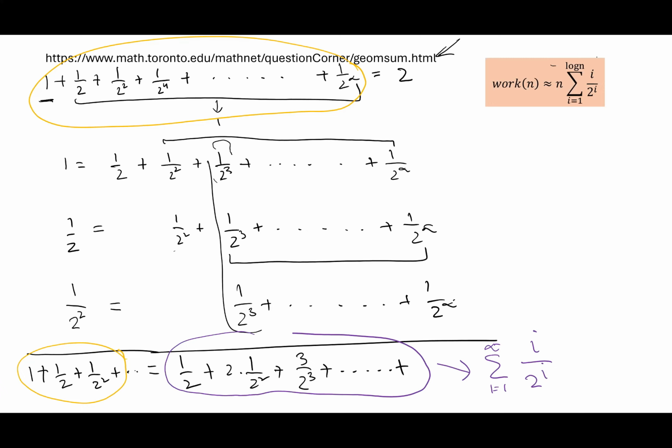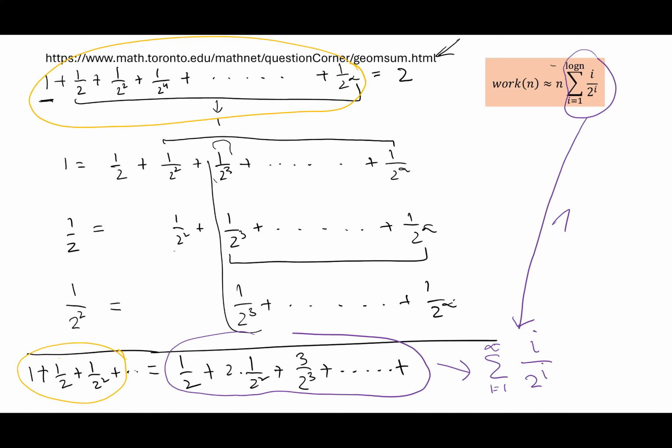So can I say that this portion is even less than this, because this one goes up to log n, this one goes up to infinity? So this is less than this.